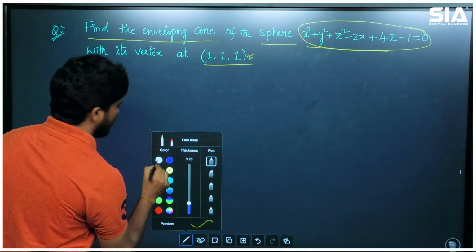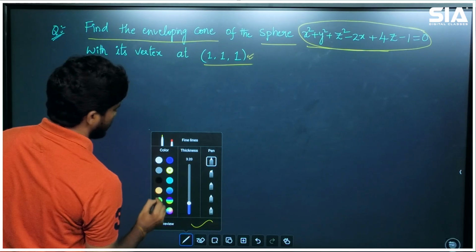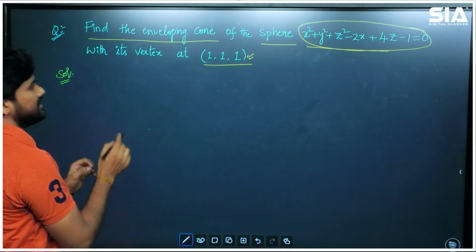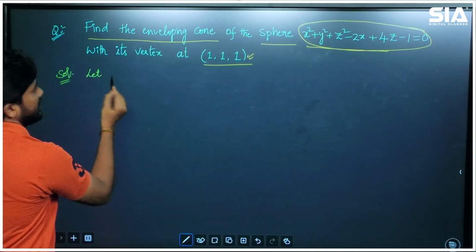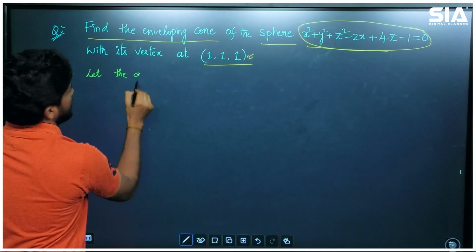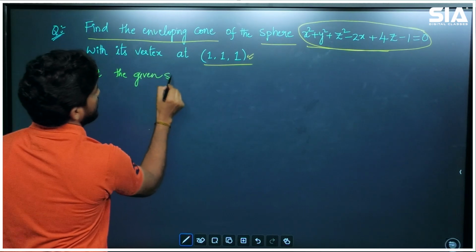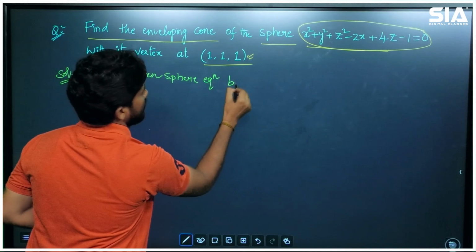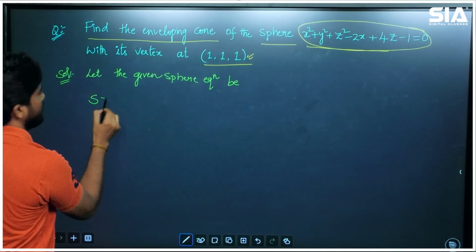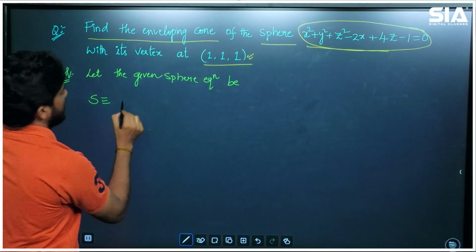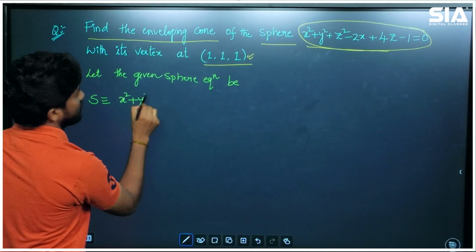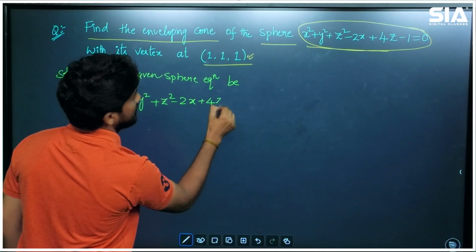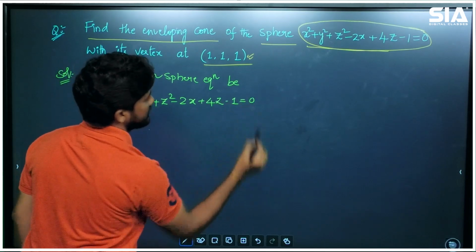Now let's start the solution of this problem. It is a very easy problem and a very important problem. Observe carefully. If you have any doubts, just comment down. Okay, so now the solution. First of all, let the given sphere equation be, capital S congruent to x square plus y square plus z square minus 2x plus 4z minus 1 is equal to 0.